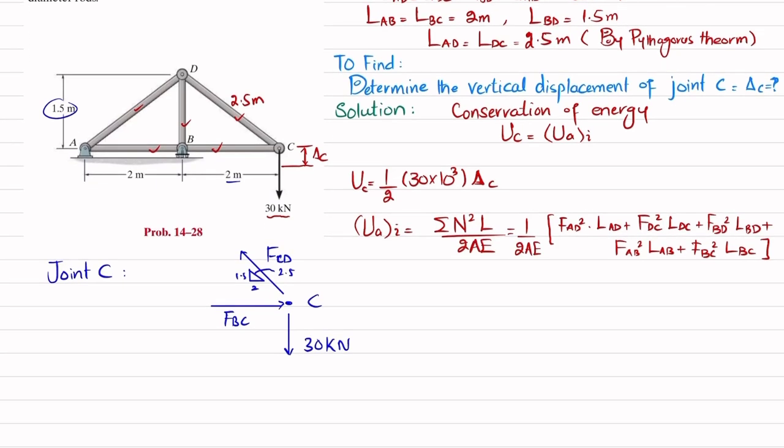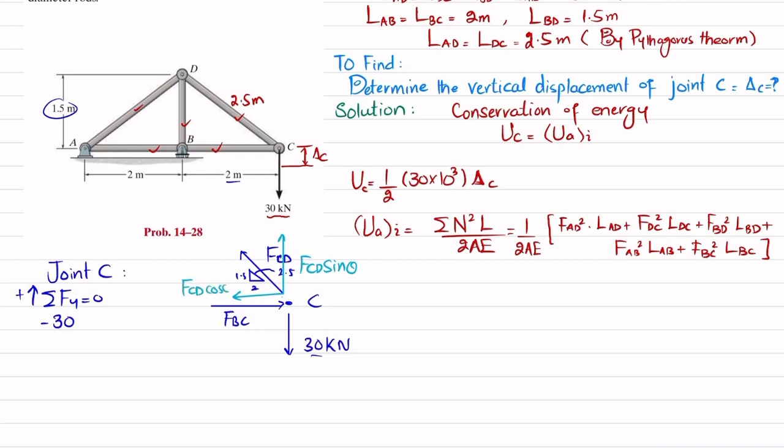Now we'll apply the equations of equilibrium. The first equation of equilibrium is that the sum of all forces along y direction must be equal to 0, and upward force is taken as positive. You can see minus 30, which is downward, plus this component. There are two components, one along the x-axis and another along the y-axis: F_CD sine theta and F_CD cos theta.